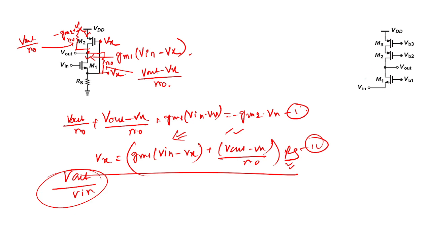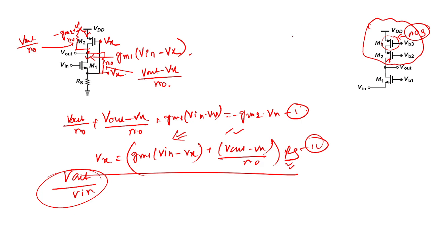you can see this is a common gate structure, and this whole structure is connecting as a load resistance. So what is the value of this load resistance? If you look at this terminal, this is nothing but acting as a current source load whose resistance is RO3. So what is the equivalent resistance?